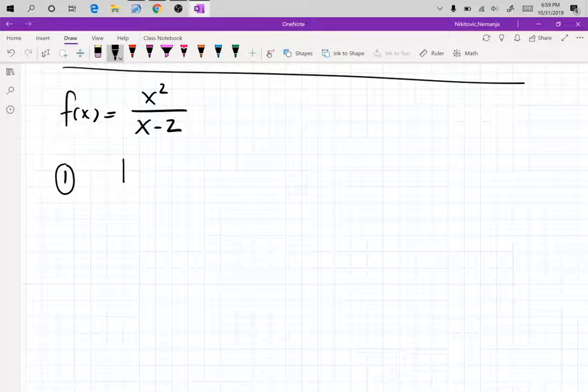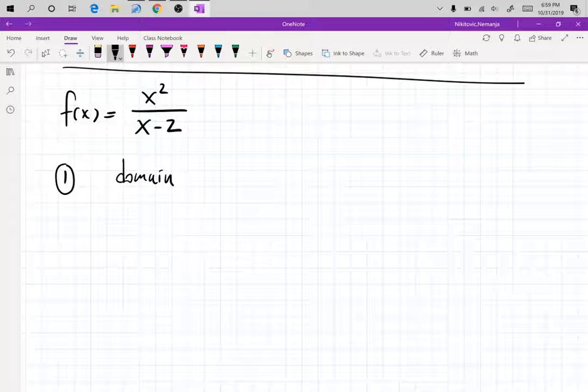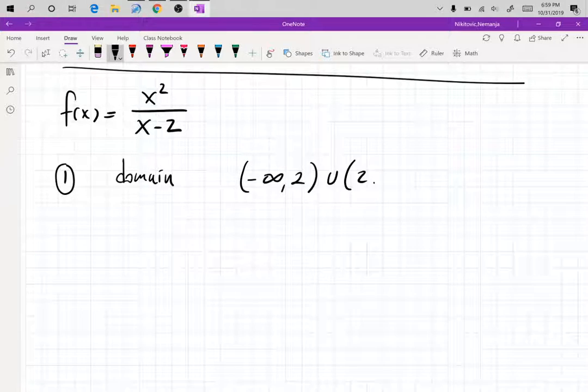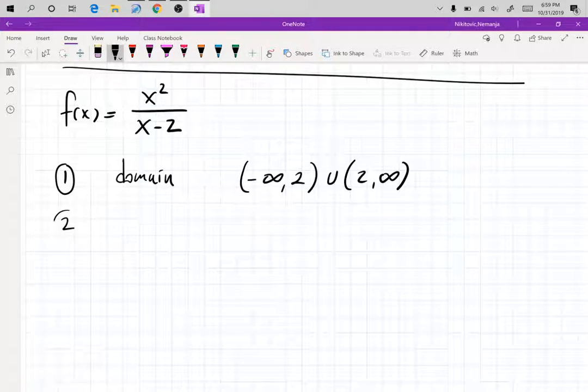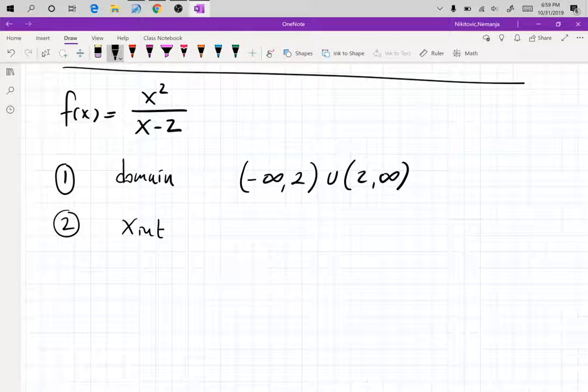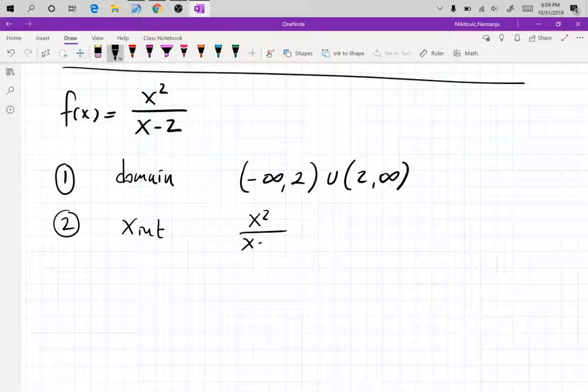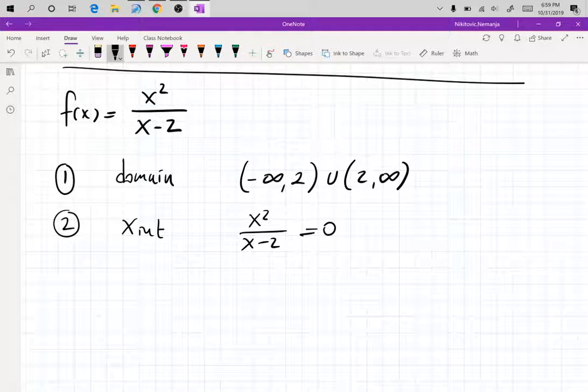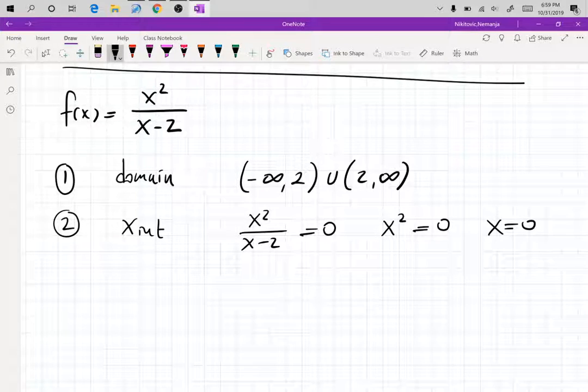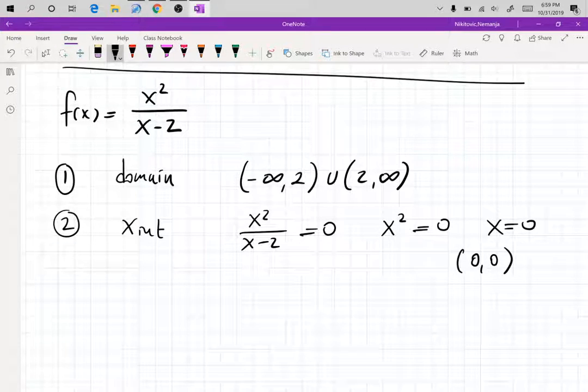Number 1, domain is going to be from negative infinity to 2 union 2 to infinity. Then we have x-intercept. We set y equal to 0, so x squared over x minus 2 equals 0, where x squared is equal to 0, x equals 0, so we get 0, 0.